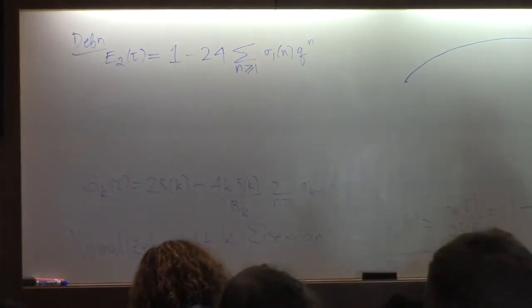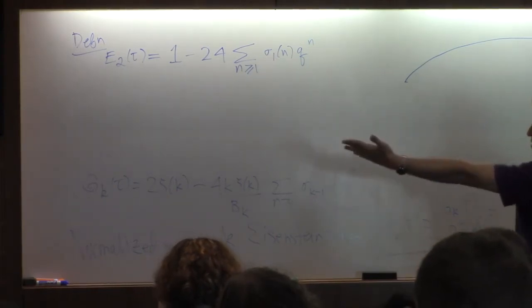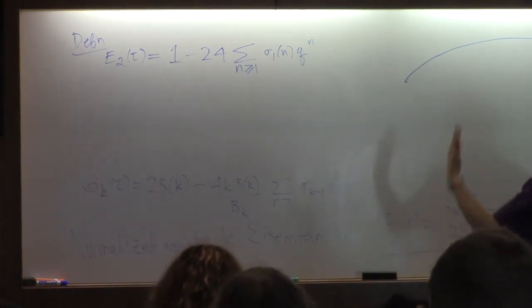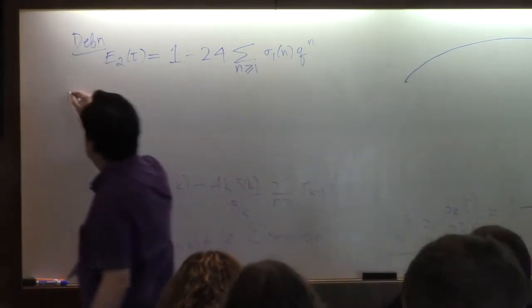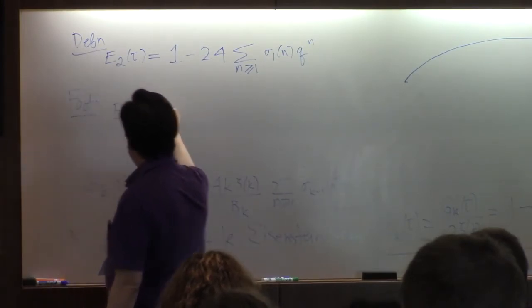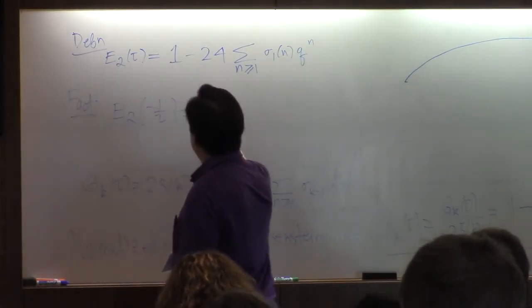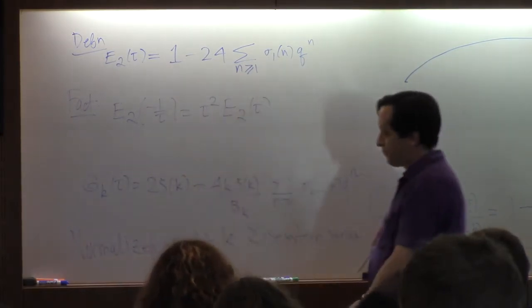So it fits all the conditions of being a modular form of weight 2, except I said that there's none of them. There's only 0. And this doesn't satisfy the transformation law for minus 1 over tau. So the fact is that the value of this at minus 1 over tau, if it were honestly of weight 2, would be this.